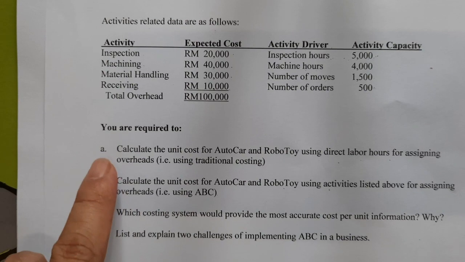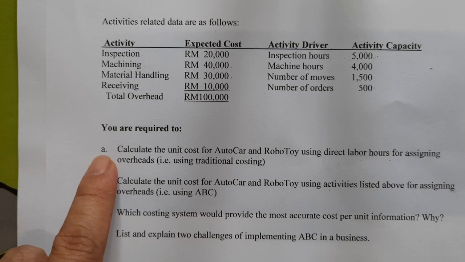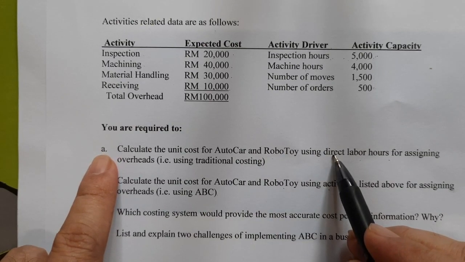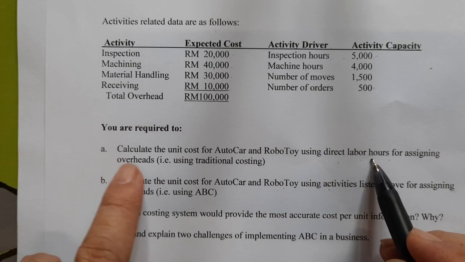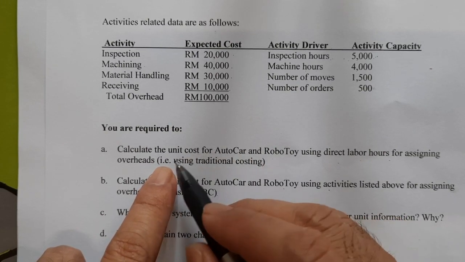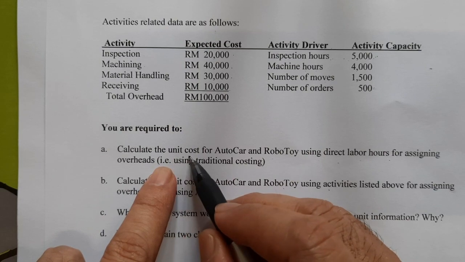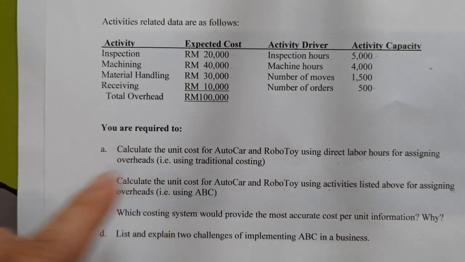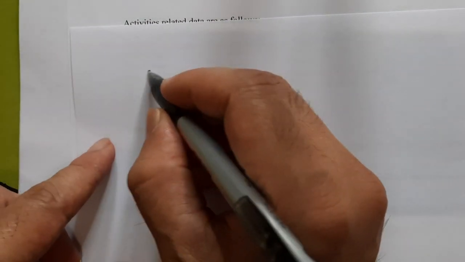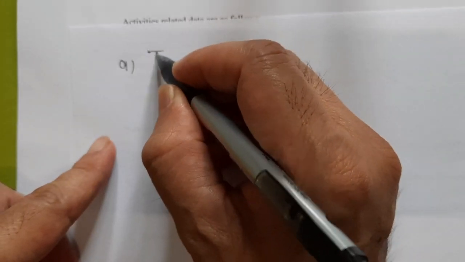So the first question asks you to calculate unit cost for autocar and robotoy using the direct labor hours, which is using the traditional costing. Okay, so now remember, the question asks you to calculate unit cost. How to answer this question? So I will show you how to answer this question.